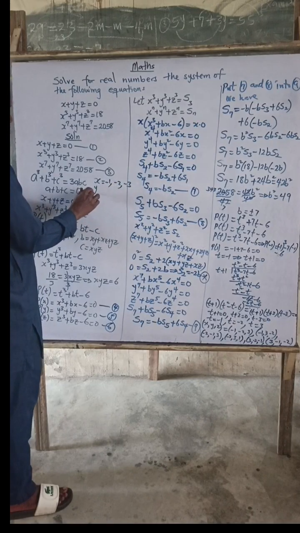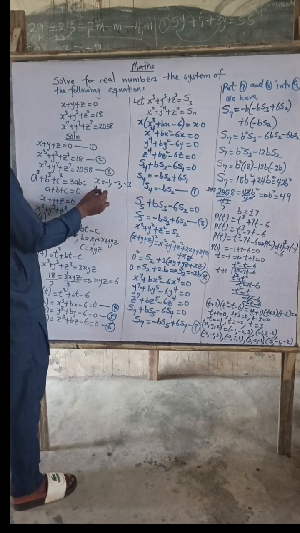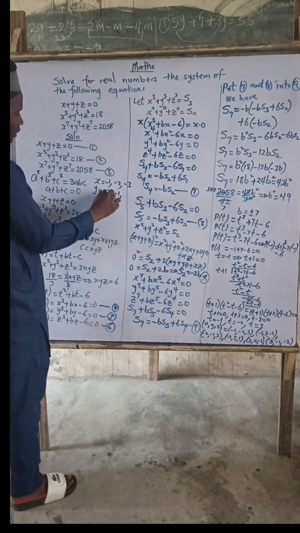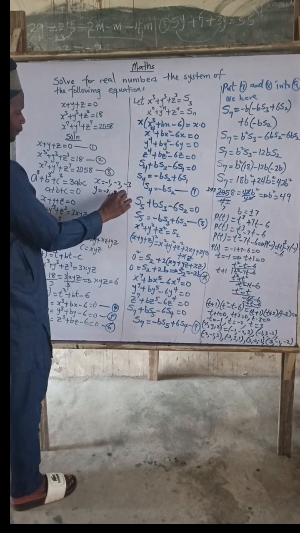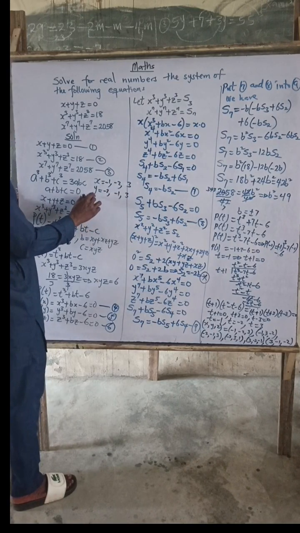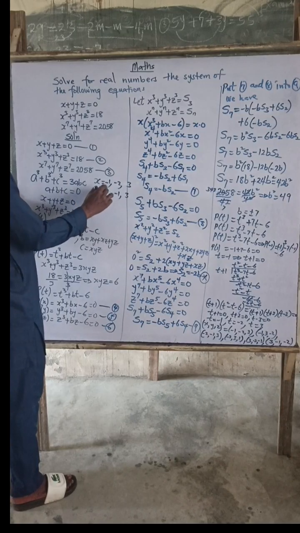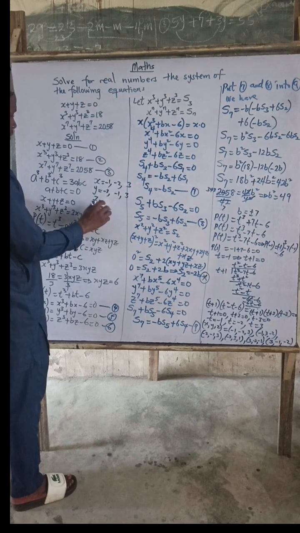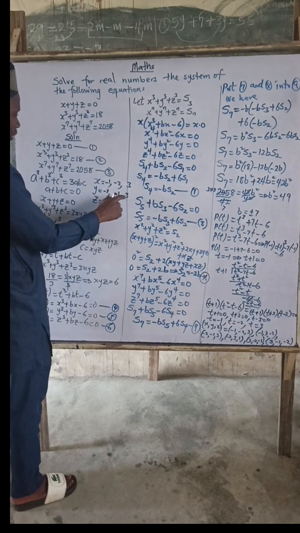Then we have y to be, so x equals -1 here, -2. Then here we have -1. Then here we have 3. Then z, so we have -2, -1, then 3.